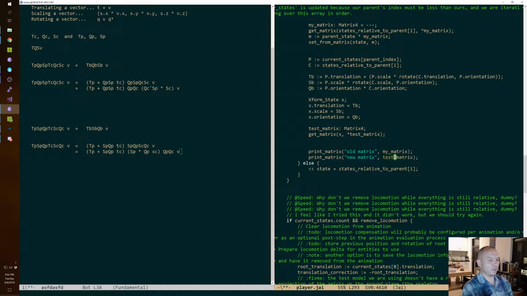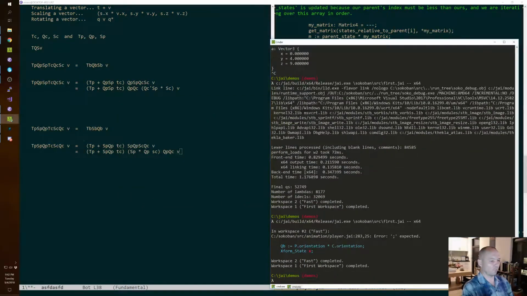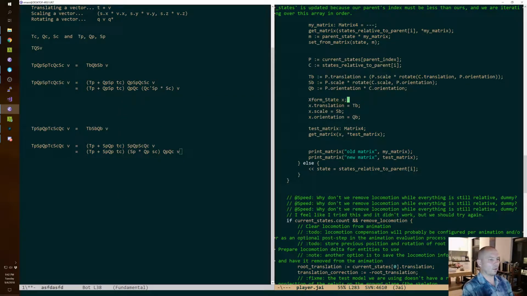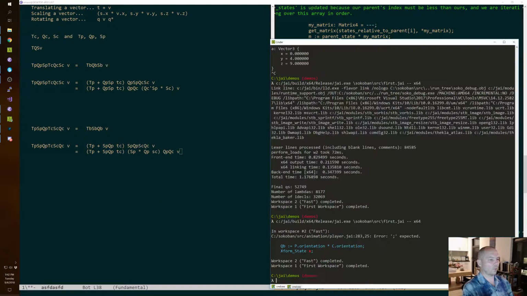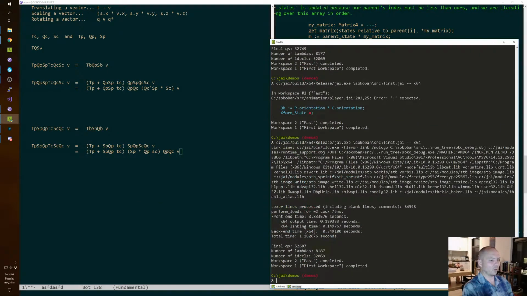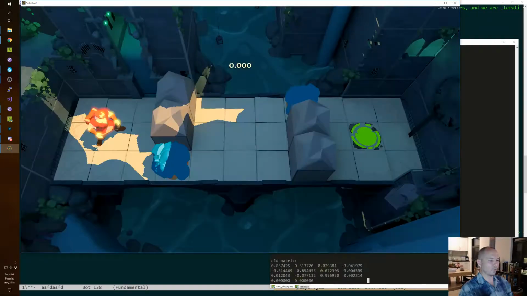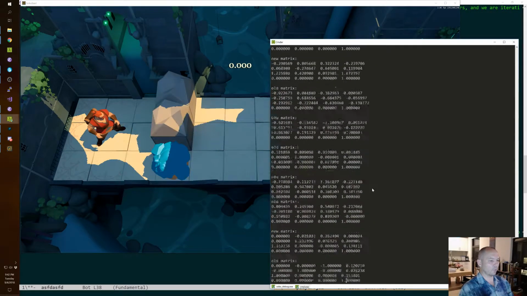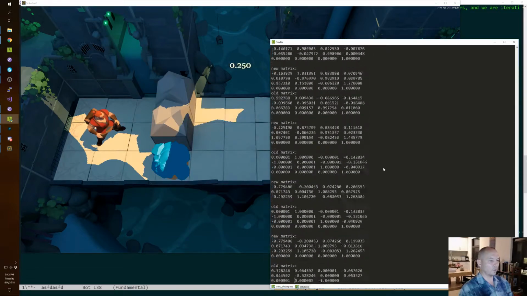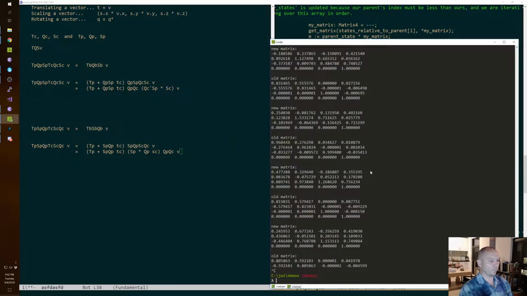And I think I have a print matrix function. This is not C++. Okay, we're just going to be printing that every frame, oh my God, it's going to be so slow. All right, here we're going. Let's just Control C it somewhere.